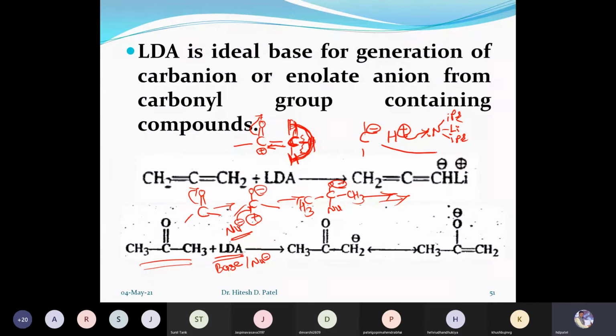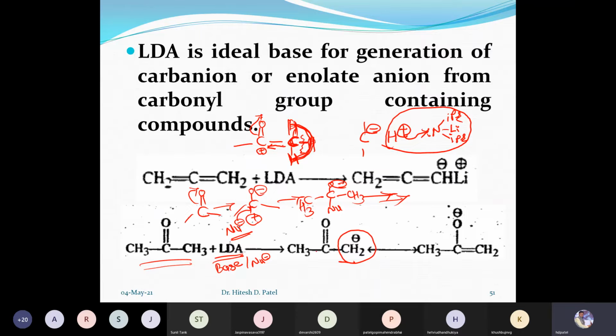So removal of a proton, that is called deprotonation, will take place with the support of LDA. When deprotonation takes place, at the same time what do we get? C minus, means by treatment with LDA we will get a carbanion.